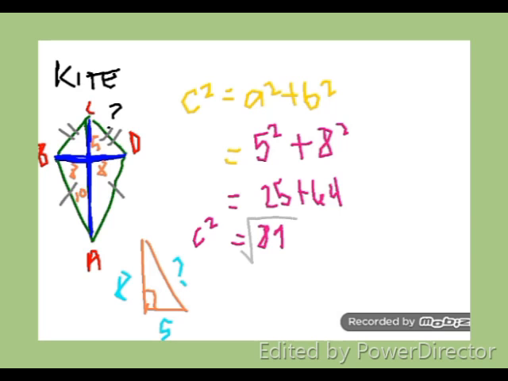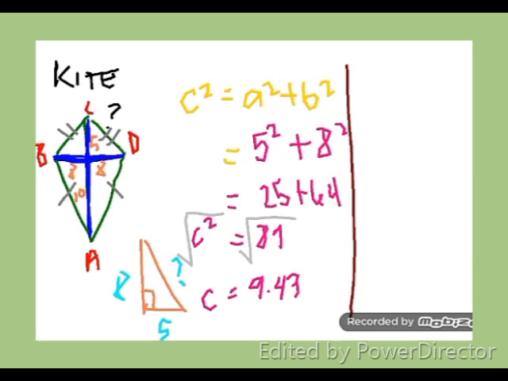Para makancel yung squared ng C, i-square root both side. Para makancel 2, C is equal to 9.43.